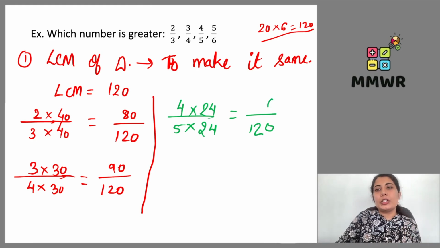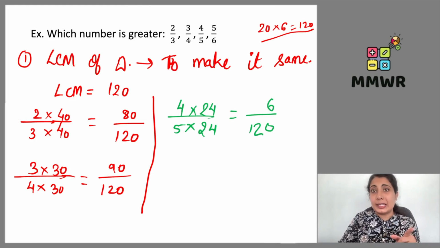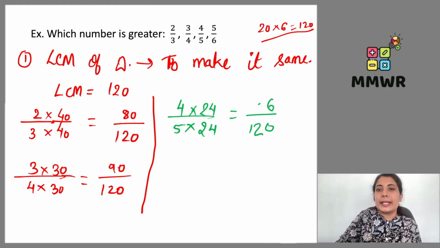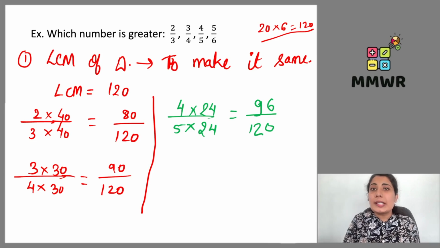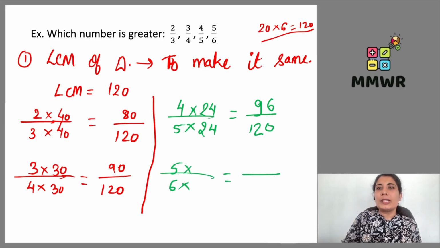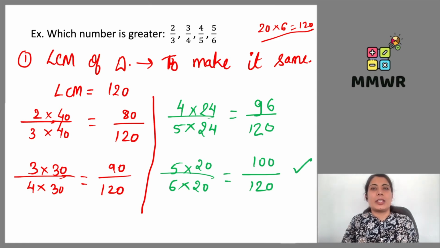So we will calculate the numerator as well. 4 fours are 16, carry over 1, 4 twos are 8 plus 1, 9. So 96 upon 120 is the equivalent fraction for 4 upon 5. Then we have 5 upon 6. By what should we multiply? Yes, we should multiply here by 20. So 20 multiplied by 5 gives me 100. 100 upon 120 we are getting.